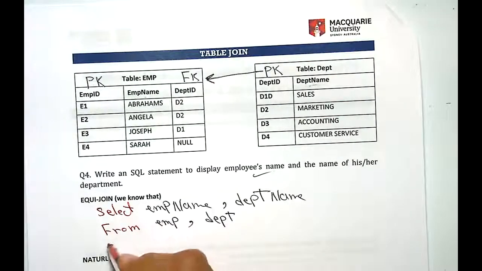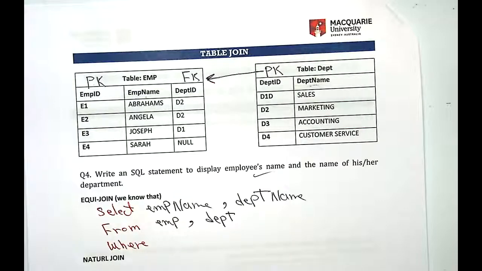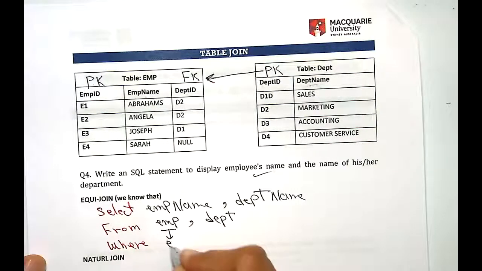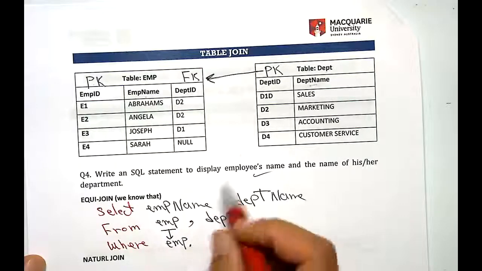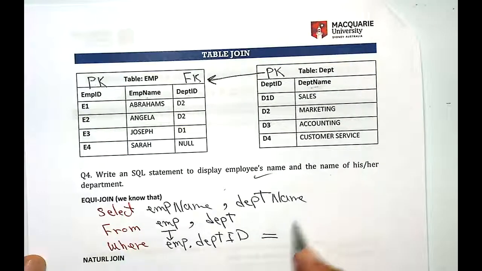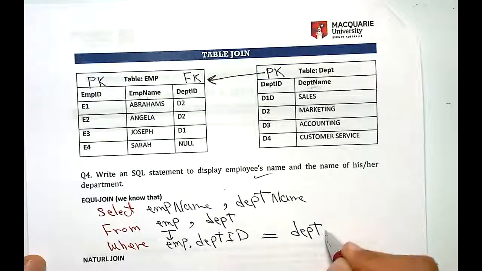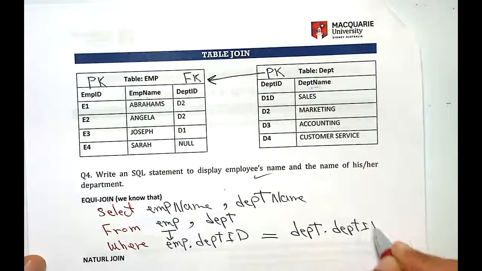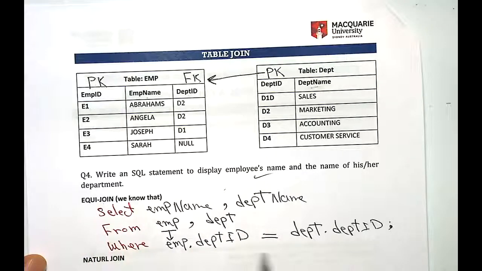And I need to join them, so WHERE emp dot, the foreign key is department ID, emp dot dept ID equals the second table dept dot department ID. This is the usual way we used to do it. And this is called equi-join because we use the equal sign to make the primary key of this table equal to the foreign key in the other table. Okay, this is a normal way.